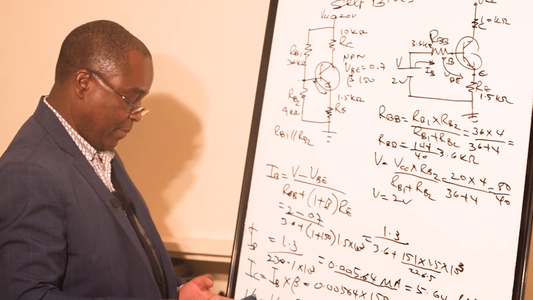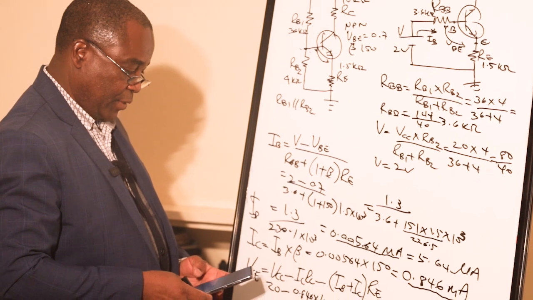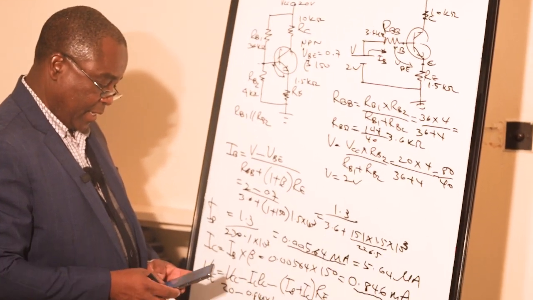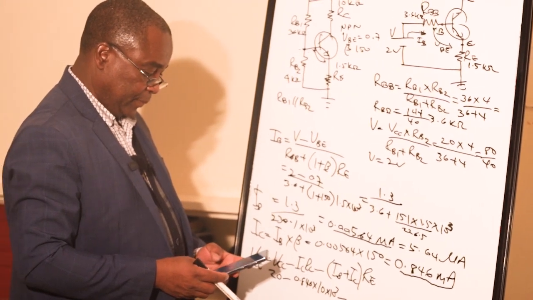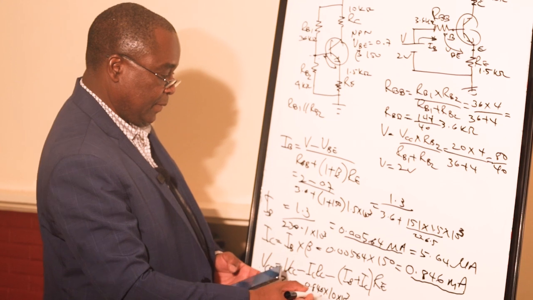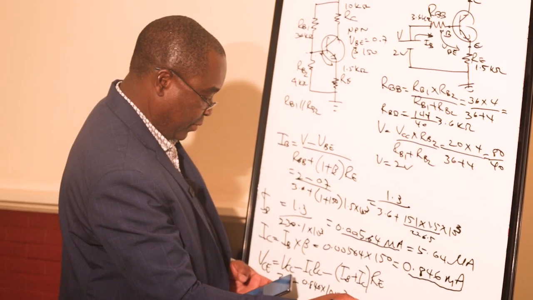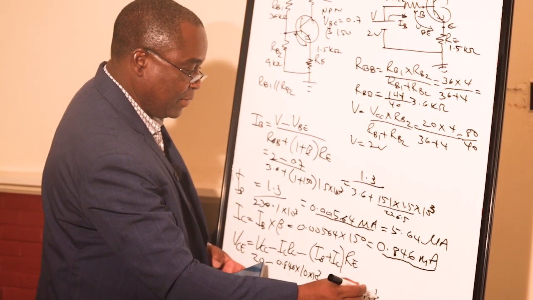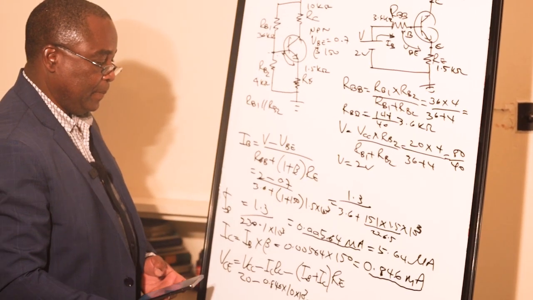So it's another algebra, which is 0.00564 plus 0.846. We have 0.8516 times RE is 1.5 times 10 power 3.